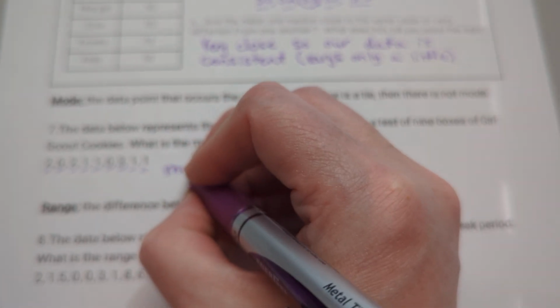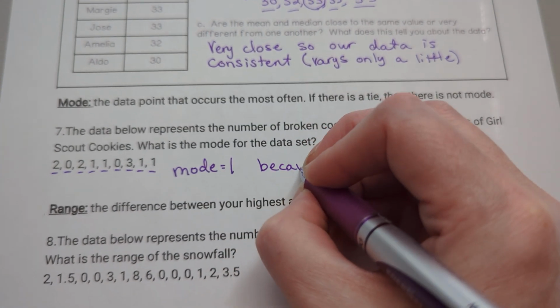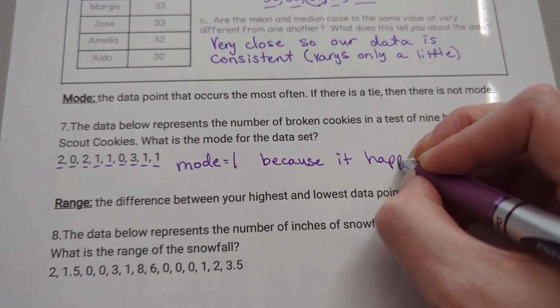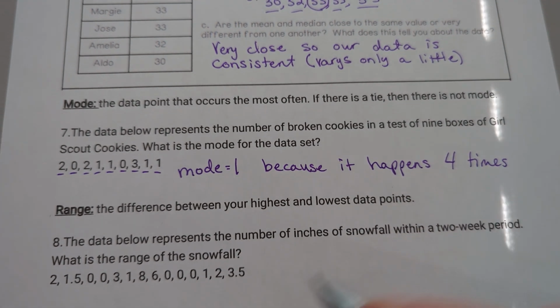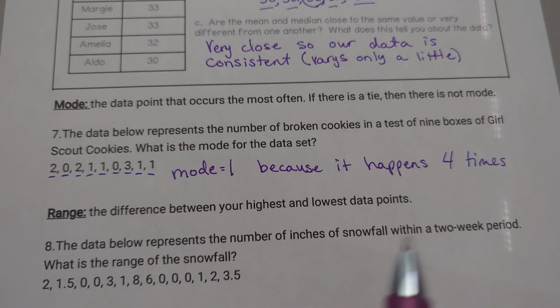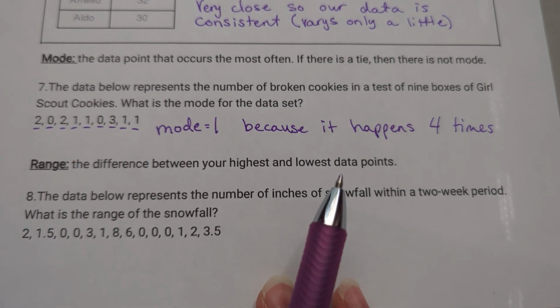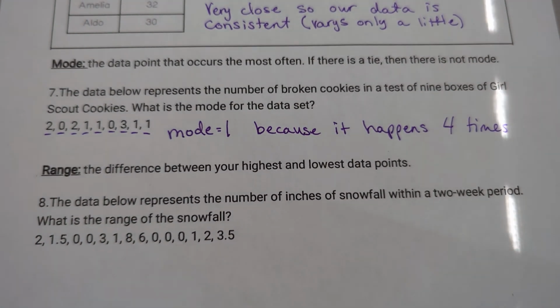So our mode is 1, and the reason is because it occurs 4 times. Because it happens the most, it is the mode. Now again, we don't use that one as much at the moment. This is really good if you see one number that is significantly happening more than the others.